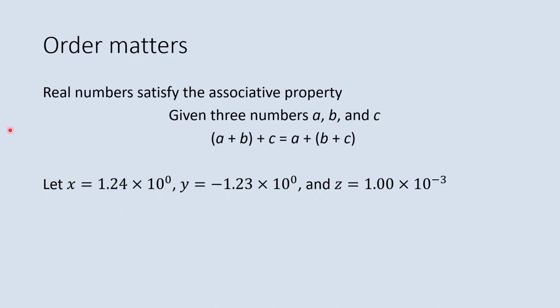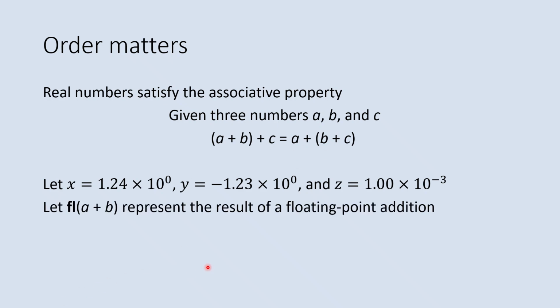In the simplified version, if we took these three values and did the calculations with those values, we have to do our calculations in our floating point environment. So when we say let's calculate a plus b, that means let's do that in the floating point world, in this case, in our simplified toy version.